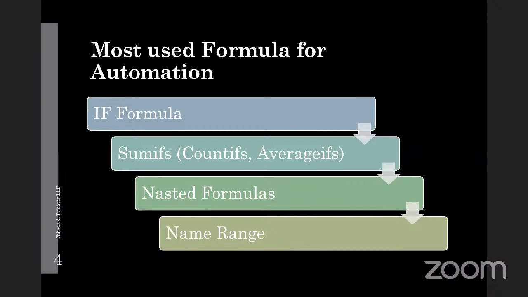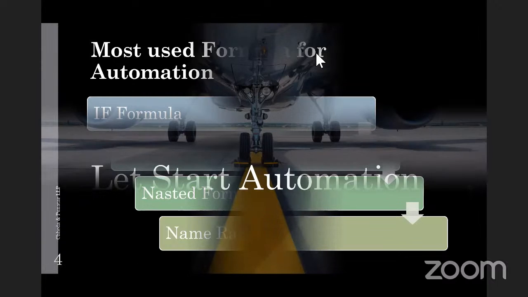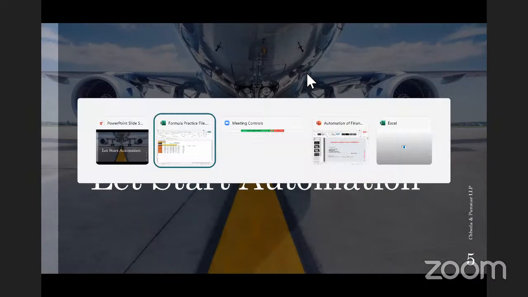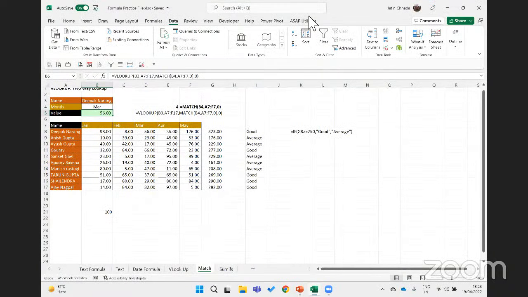We checked that in the VLOOKUP formula also, where I defined my range. So, does anyone have a doubt up to here? If anyone has, kindly let me know. Then we move to automation. I think no one has a doubt.